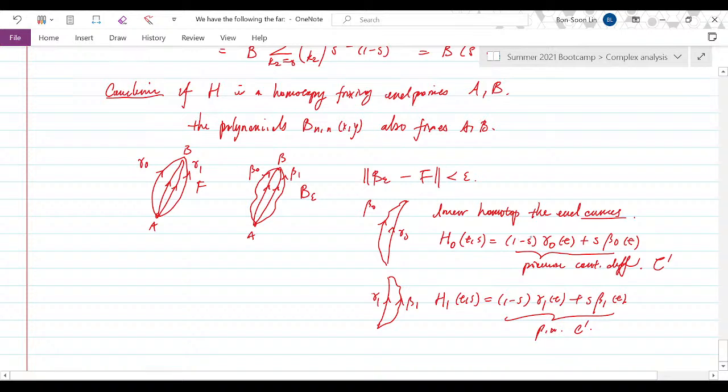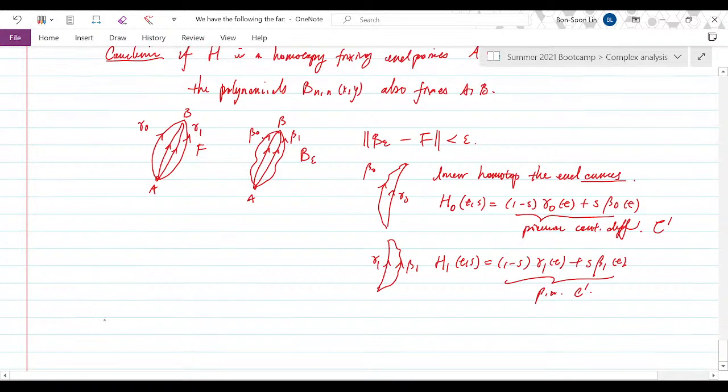So we can calculate this distance to F. That should all be less than epsilon away. So the final detail: make sure the image of B is in U.